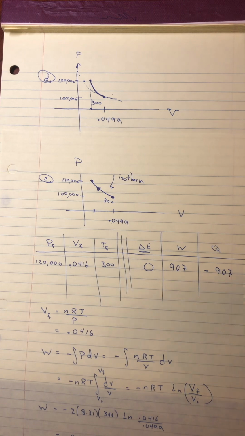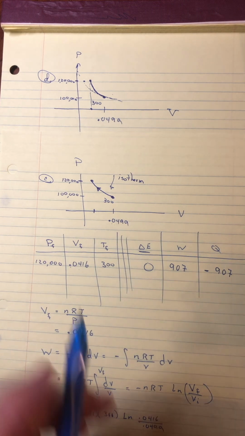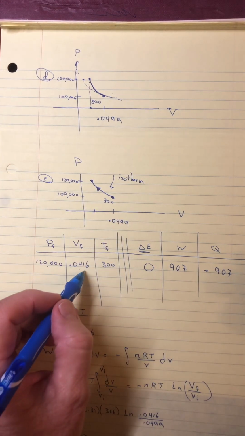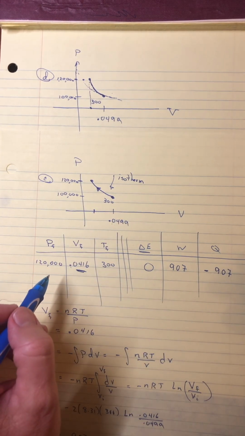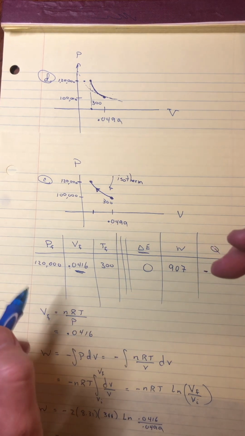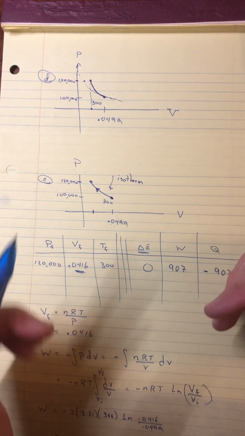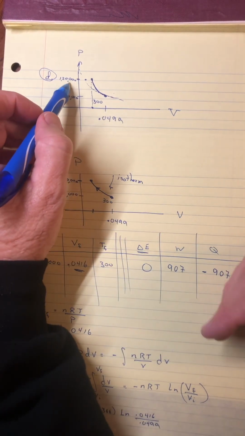And you might say conceptually that's important because if we were to compress it all the way down to the same volume that we did for constant temperature, and because we're doing work on it, its temperature would go up, we would actually end up with more pressure than this one.